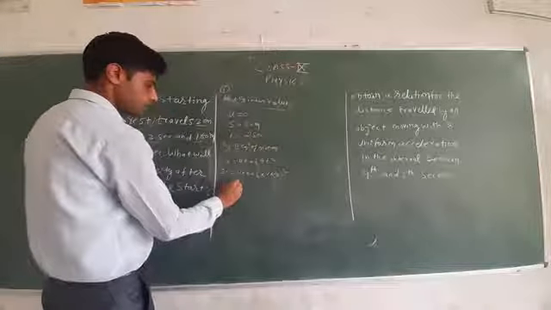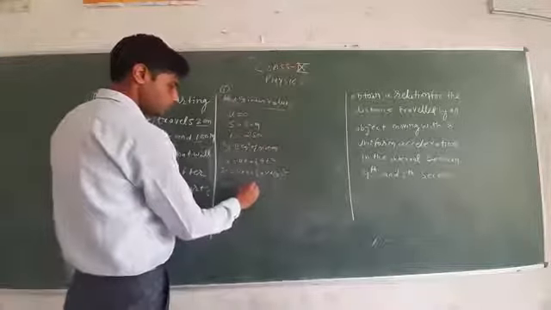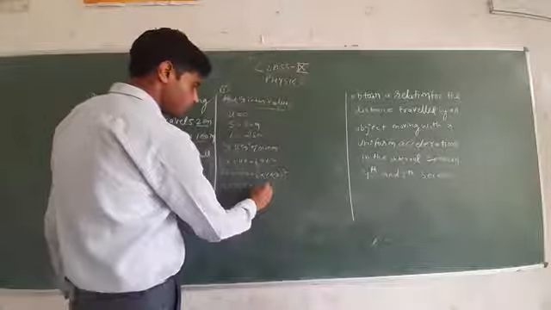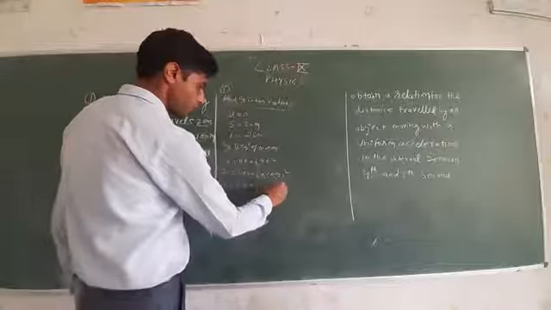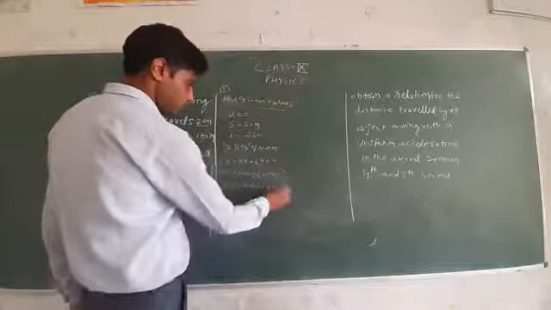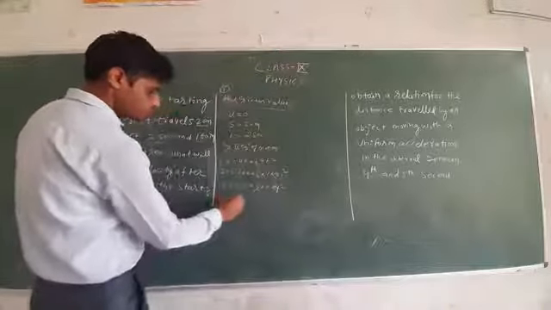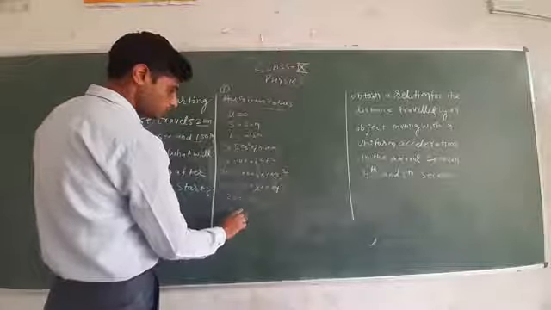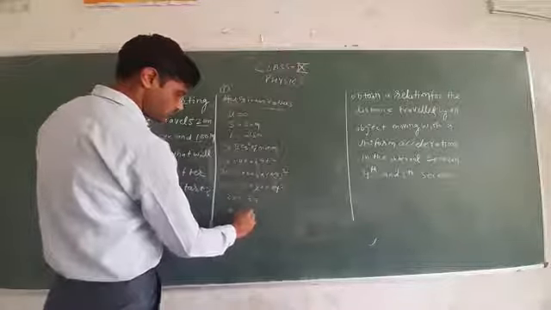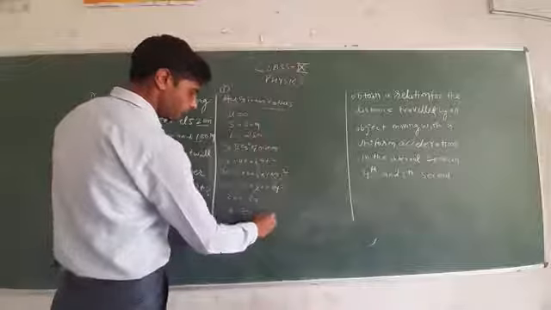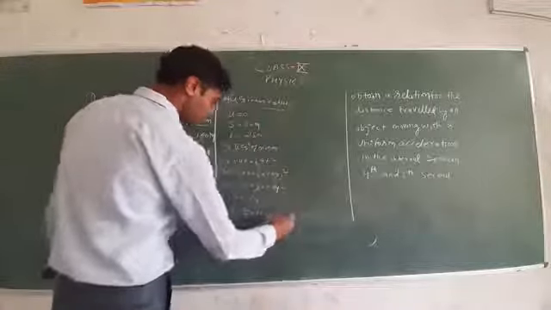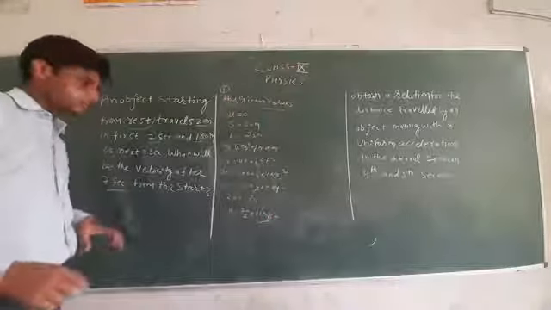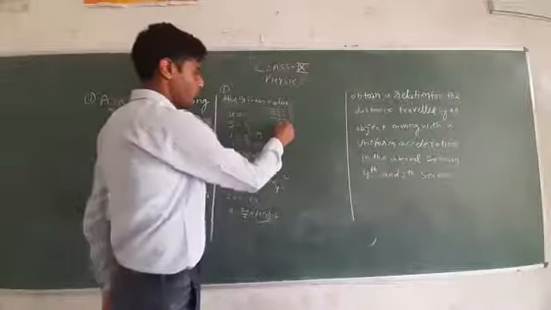So 20 equal to 0 plus 1 upon 2 a into 4. So 20 is equal to 2a. So a is equal to 20 upon 2, it means 10 meters per second square. This is the acceleration of the object.